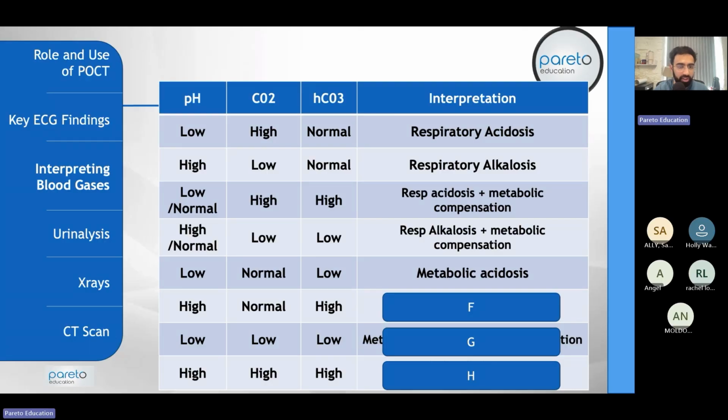And a high pH with a normal CO2 with a high bicarb is metabolic alkalosis.